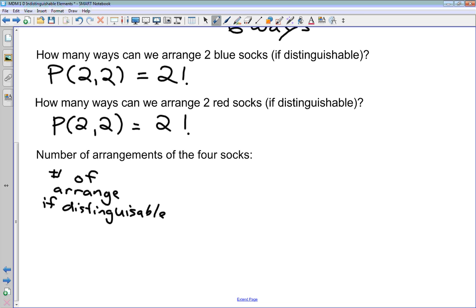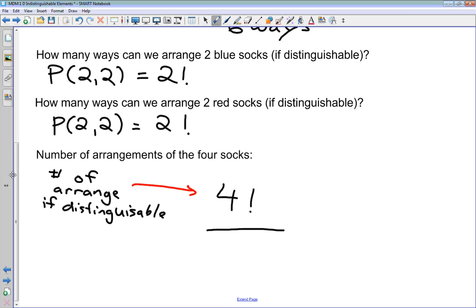So, if they were all distinguishable, we could arrange them 4 factorial ways. Okay, that was the first question that we did up at the top. We know that the fact that some of them are indistinguishable is going to reduce the number of arrangements that are possible.